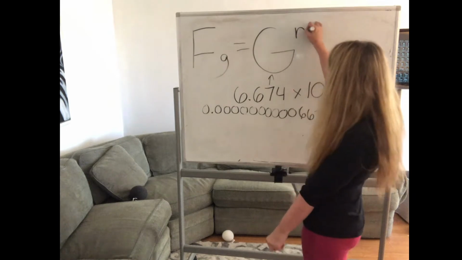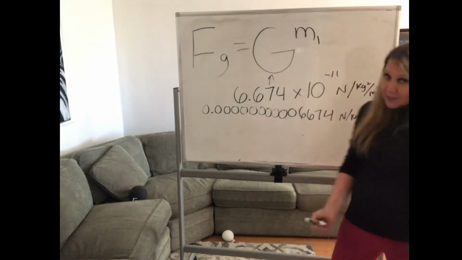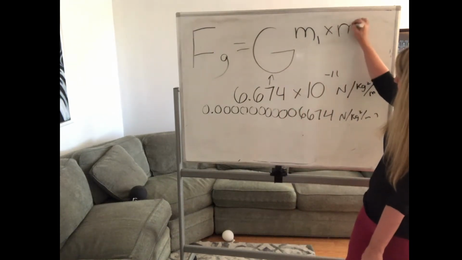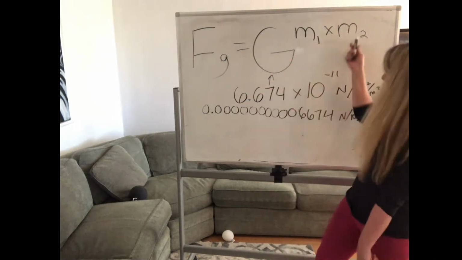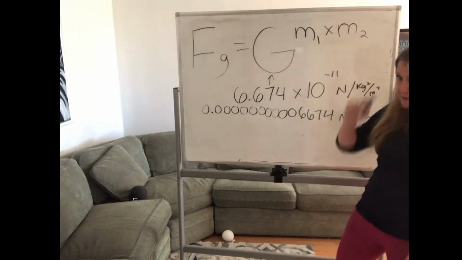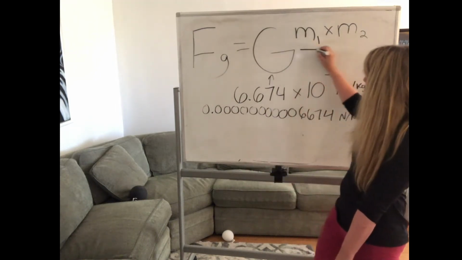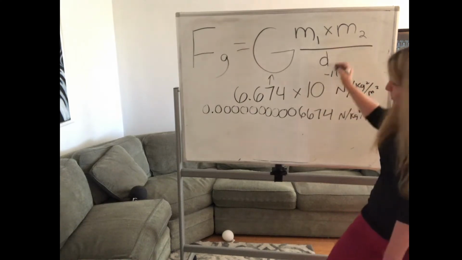So we're going to multiply mass of the first object, which we're going to indicate M1, times mass of the second object, which we're going to indicate by M2. So these are the masses in kilograms. We're going to divide that by the distance between them squared.